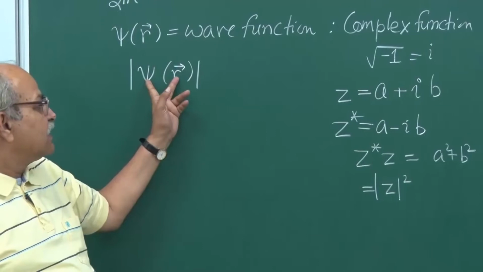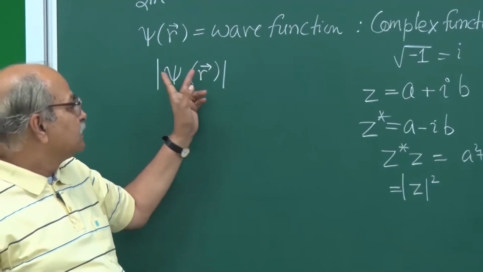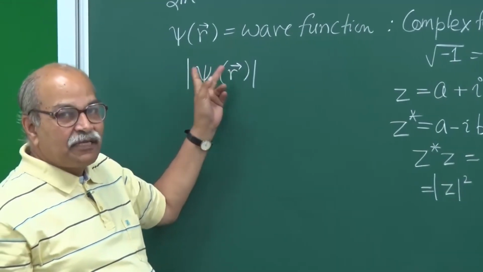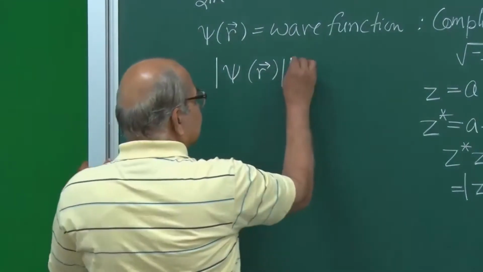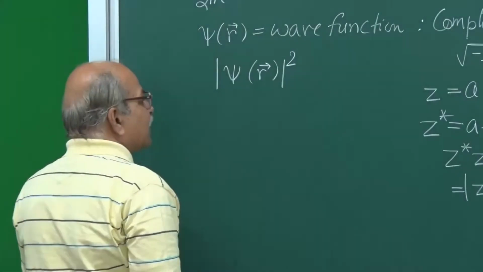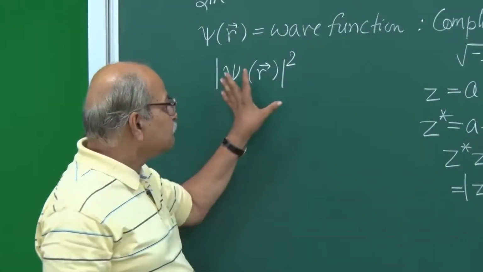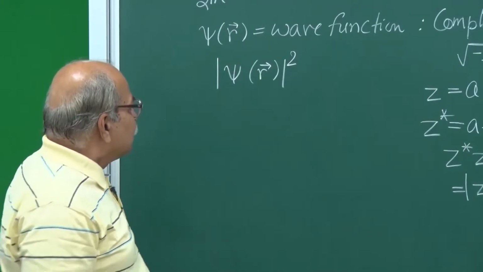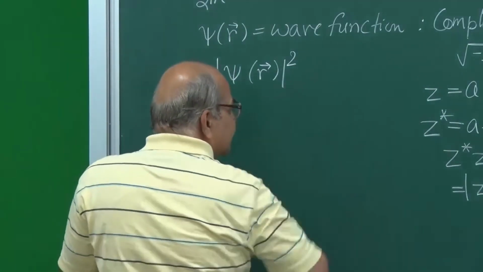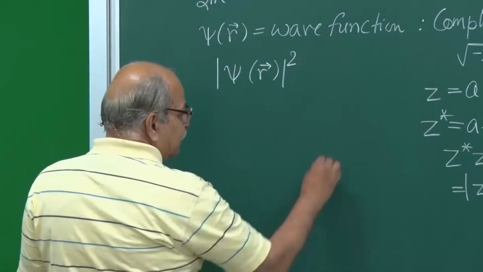If you have this psi, it could be complex, take the complex conjugate, multiply by it, and then take this whole thing, this is mod square of psi(r). Okay. So if you have this quantity, then you can connect it to something which is physical.